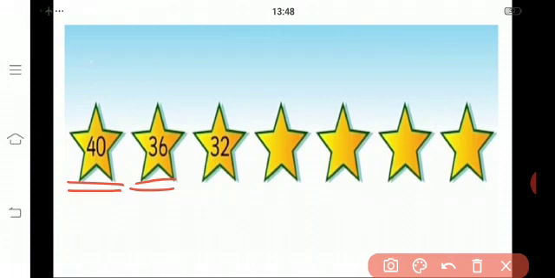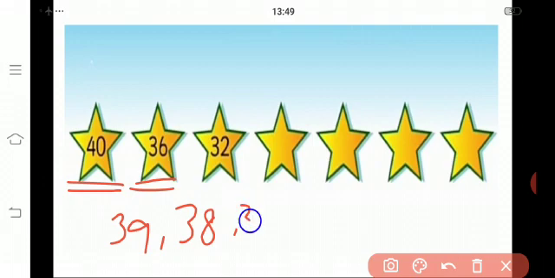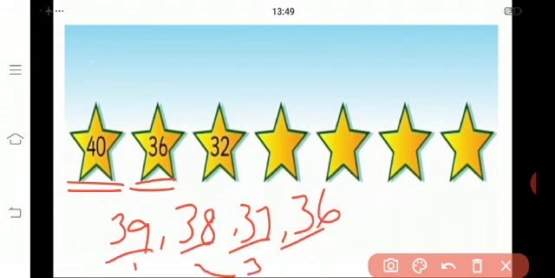That means we have to count backward. 40 before, 39, 38, 37, 36. How many times do we count backward? 1, 2, 3, 4.